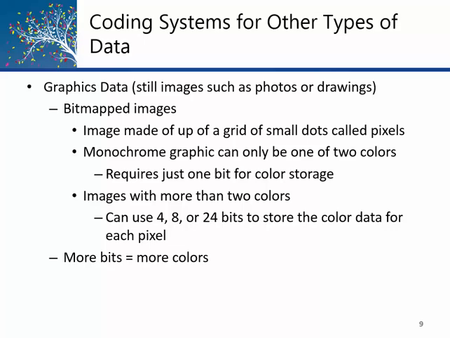Graphical data. This is so we can do numbers, we can do letters, we can do graphics. And you may think, well, wait a second, how do I do a picture with just ones and zeros? And the answer is we break the picture up into very small elements called pixels, or picture elements, and we specify the color of just that pixel. And when you get enough of those pixels small enough and they each have their own color, the picture kind of emerges together.